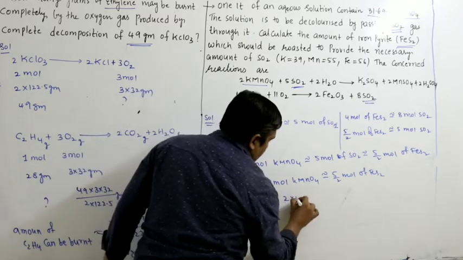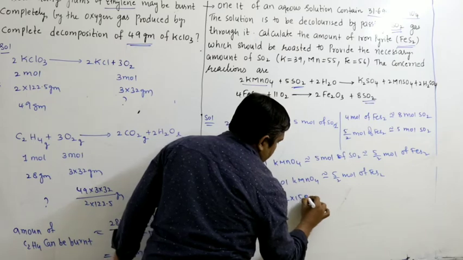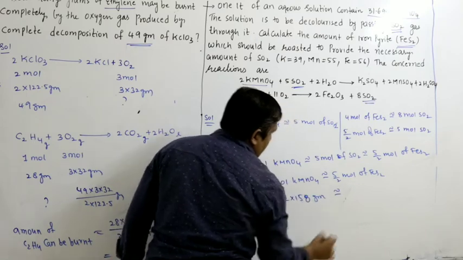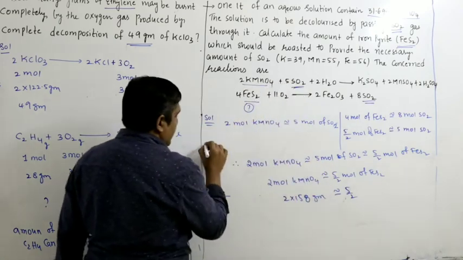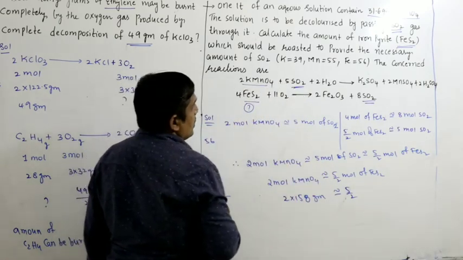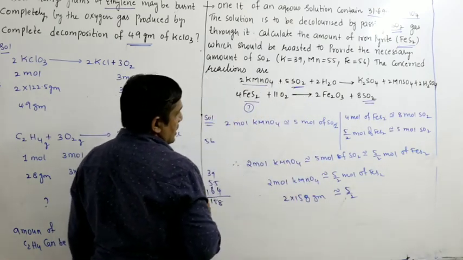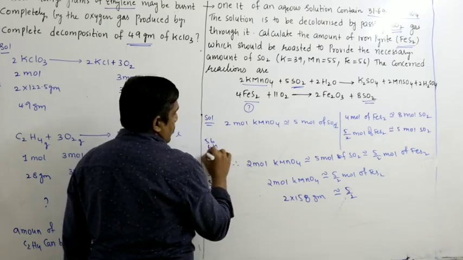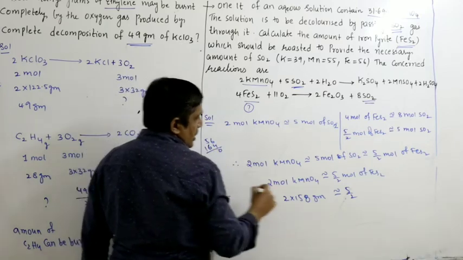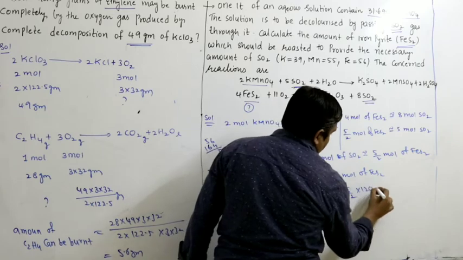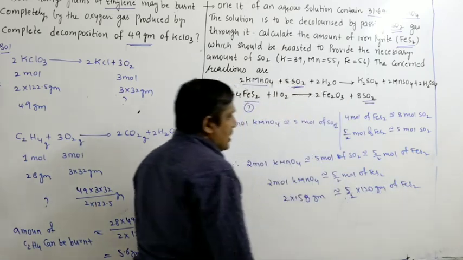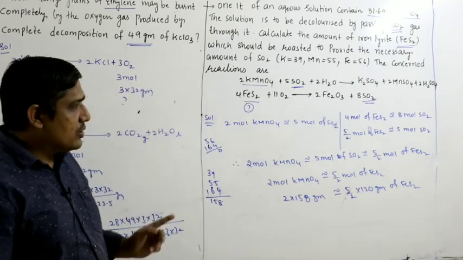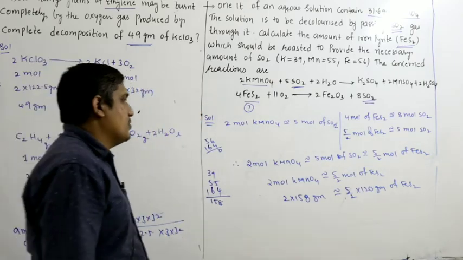So 2 into 158 grams stoichiometrically equivalent to 5 by 2 into, iron 56, 2 into sulfur 32, 64, so 120 grams of FeS2. Sulfur atomic weight is 32. There are 2 sulfurs, 2 into 32, 64.